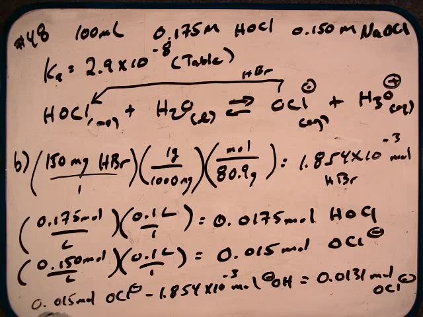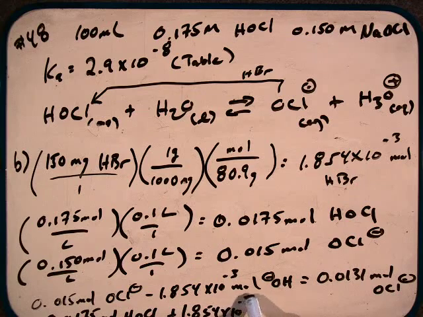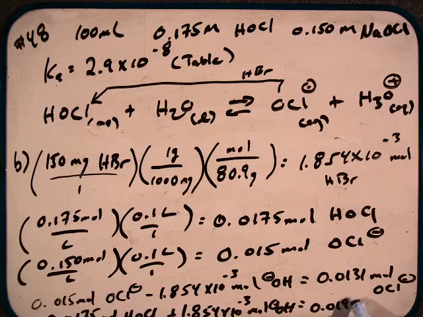And we want to do the same thing for our parent acid, but we are going to add that value of H+ to get our new mole value of HOCl.